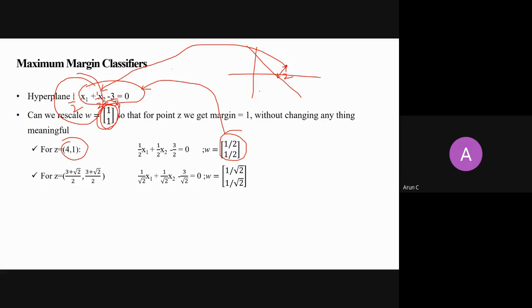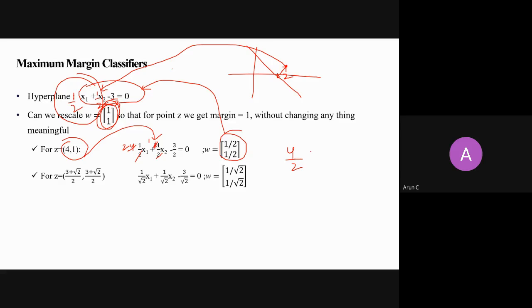Now if you put (4, 1) into this equation, so this is 4, this is 1, it is not 2, it is 1 here.